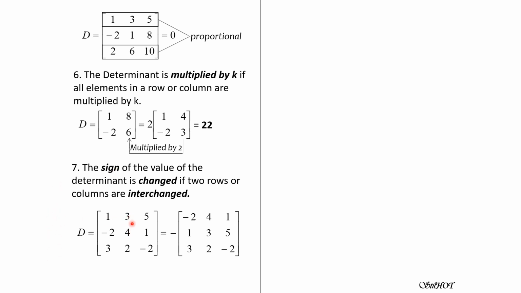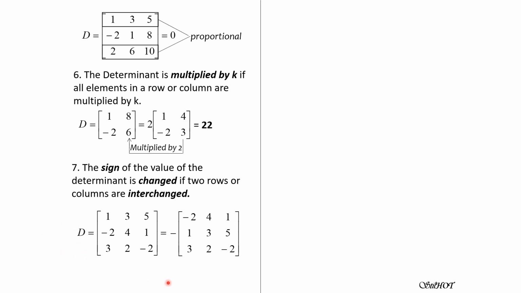When we interchange rows 1 and 2, we expect that the determinant of this would change sign. So it becomes the negative of whatever is the result of this determinant, or it is the negative of this determinant, which is the same as the determinant of this.